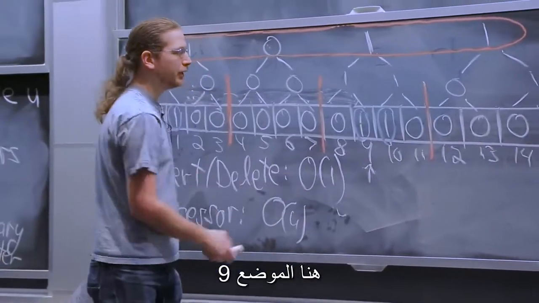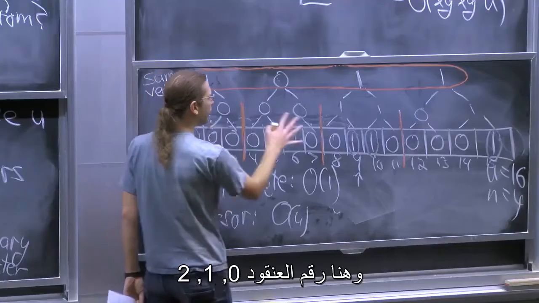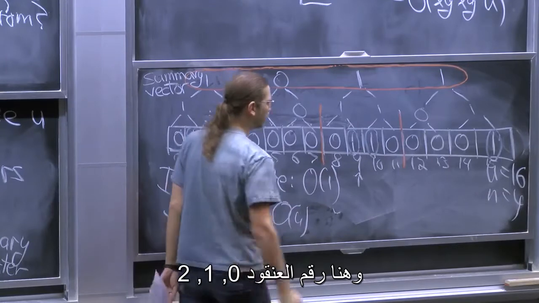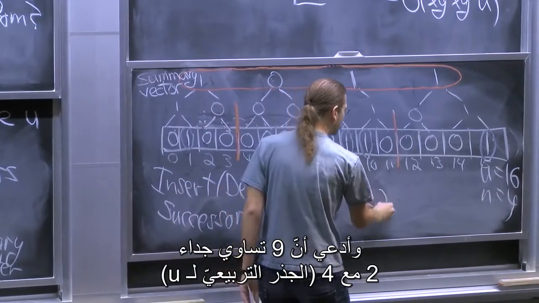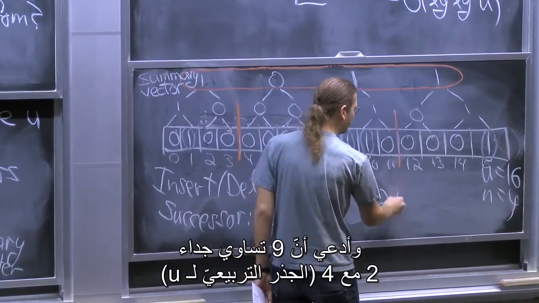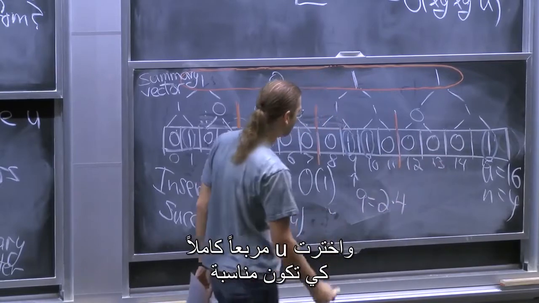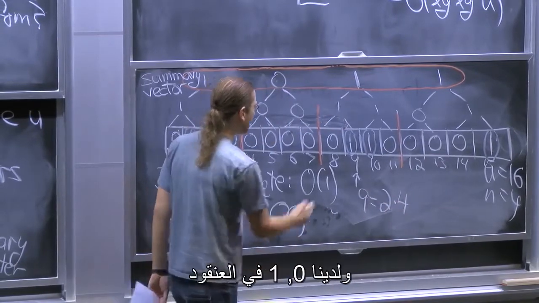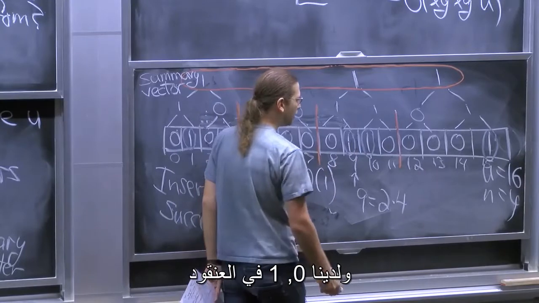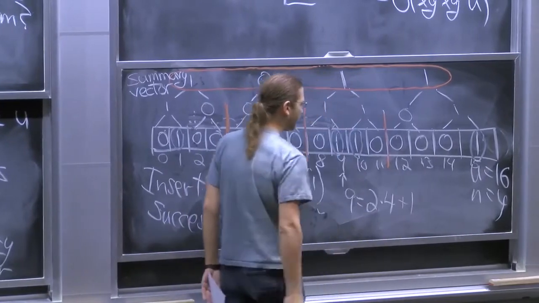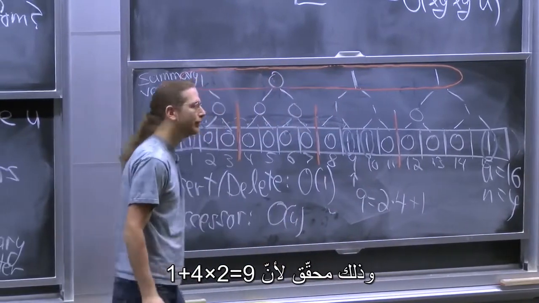So 9 is here. This is cluster number 0, 1, 2. So I claim 9 equals 2 times square root of u. Here it is 4, as I conveniently chose u to be a perfect square. And it is item 0, 1 within the cluster. And indeed, 9 equals 2 times 4 plus 1.